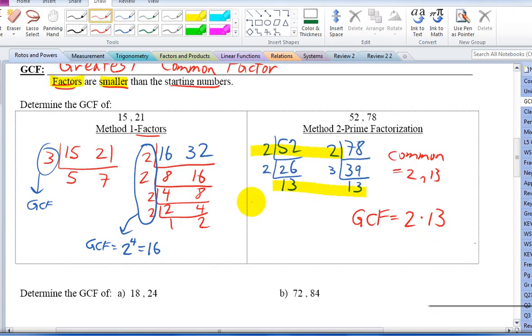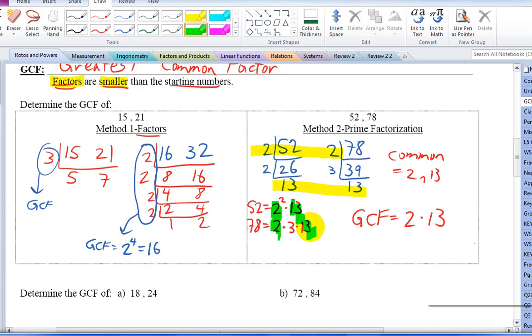Now if we line them up, we can say 52 equals 2 squared times 13. And this is where it gets a little murky, so some of you might just want to shut off your ears. Okay, so we would pick the lowest exponent. Right? So we have this here and this here.